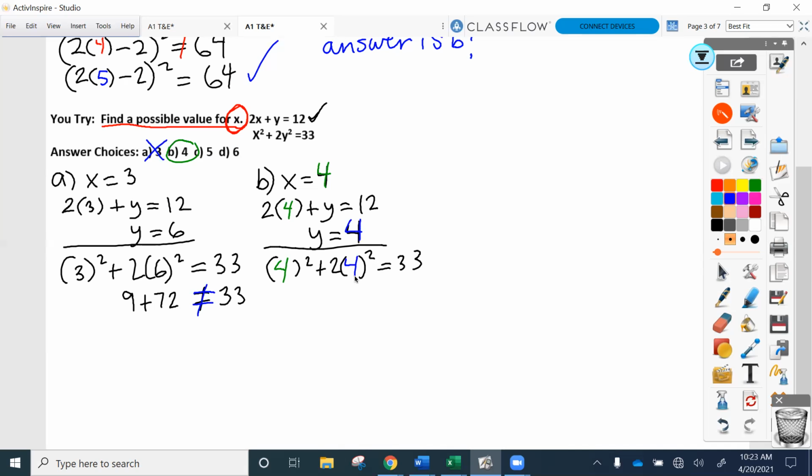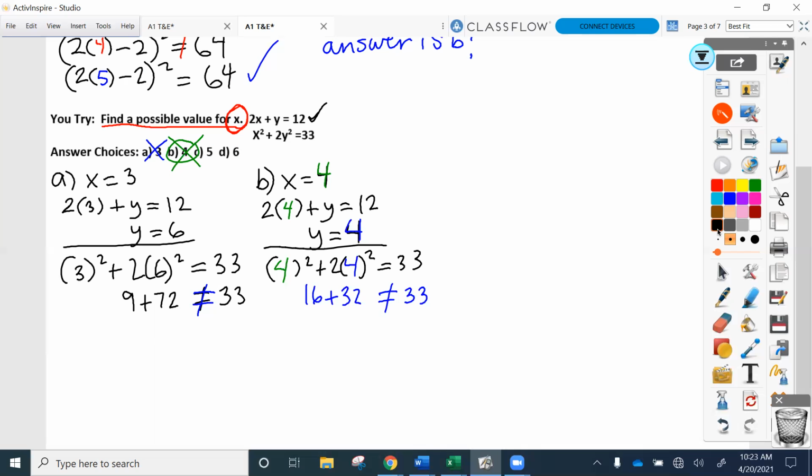So let's see if that's true. 16 plus 16 times 2, 32. So that would be 16 plus 32. That is definitely not equal to 33.